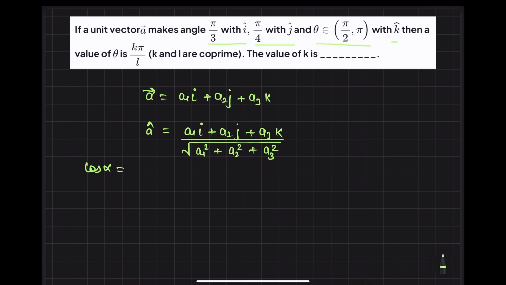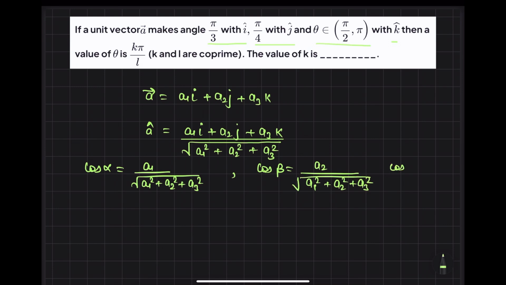So it is a1 by root over a1 square, a2 square, a3 square. Then we have cos beta as a2 by root over a1 square, a2 square, a3 square.